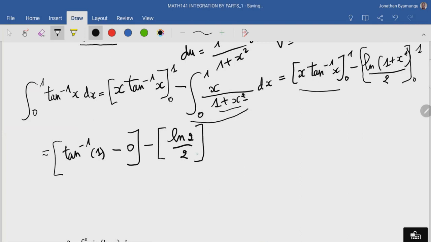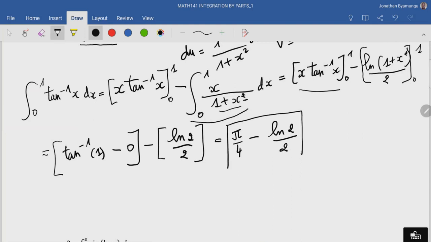So that's what we're left with. And this is equal to tan inverse of 1, which is pi over 4, minus ln of 2 over 2. So this is our final answer for this question.